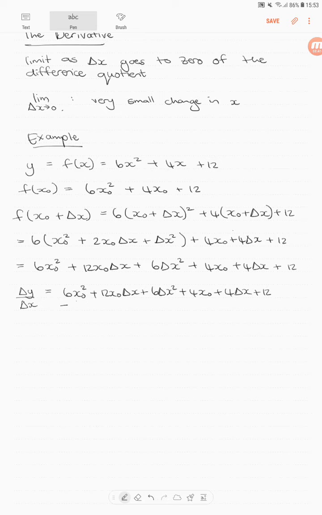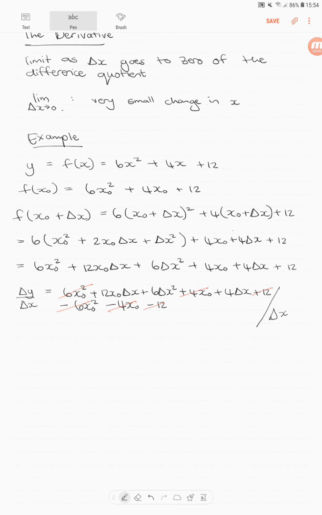So it will be minus 6x0 squared minus 4x0 minus 12, divided by delta x. So again, if we simplify, plus 6x0 squared minus 6x0 squared plus 4x0 minus 4x0 plus 12 minus 12.